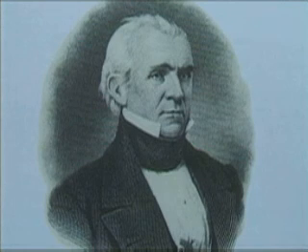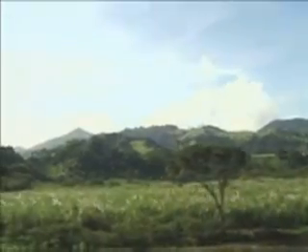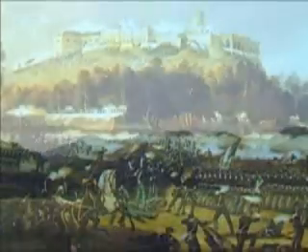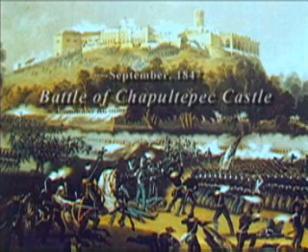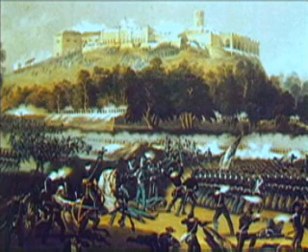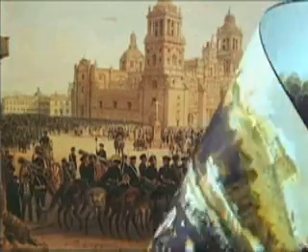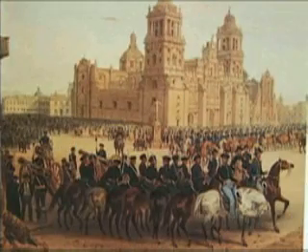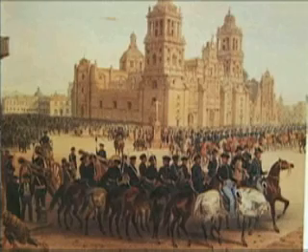But Santa Anna refused, so U.S. forces had to continue along the road to the capital. And in September of 1847, 30,000 U.S. and Mexican troops battled fiercely for control of the city. The United States won the battle, and that gave the victorious General Scott an opportunity to parade his troops around Mexico's great national cathedral in the very heart of the capital city.